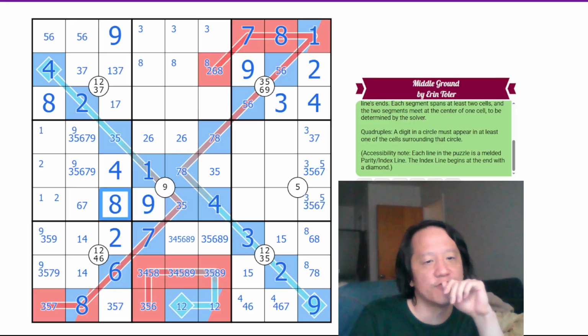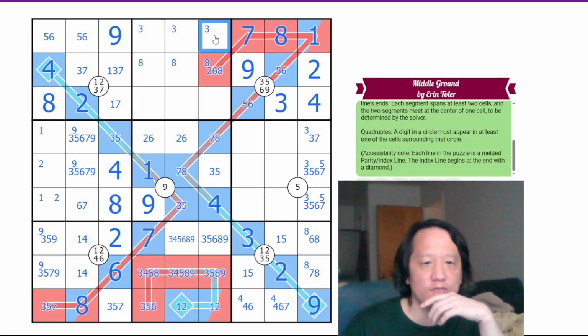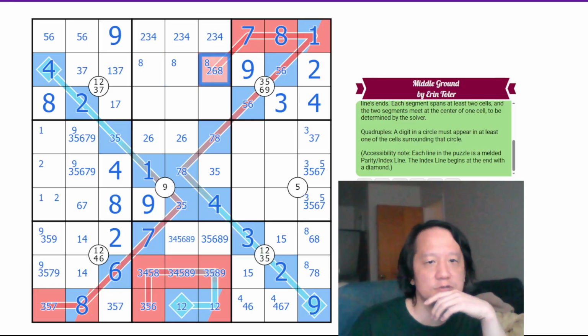This can't be 3 or 5 because these have to be different 3 or 5s here, and they both see this cell. Remaining digits of row 1 are 2, 3, and 4. That eliminates 2 here.